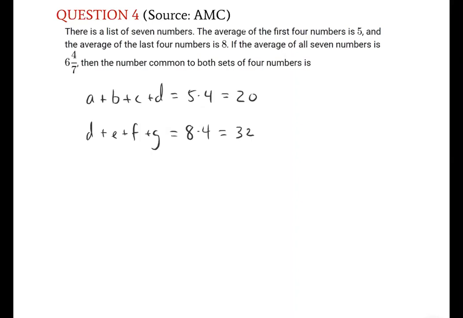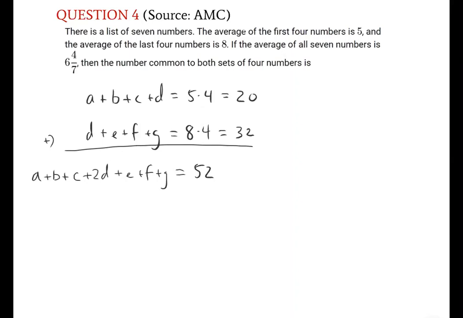So now you have 2 equations, and if you add these 2 equations together, you'll get A plus B plus C plus 2D plus E plus F plus G. And that will be equal to 20 plus 32, or 52. So now, the problem also states that the average of all 7 numbers is 6 and 4/7.